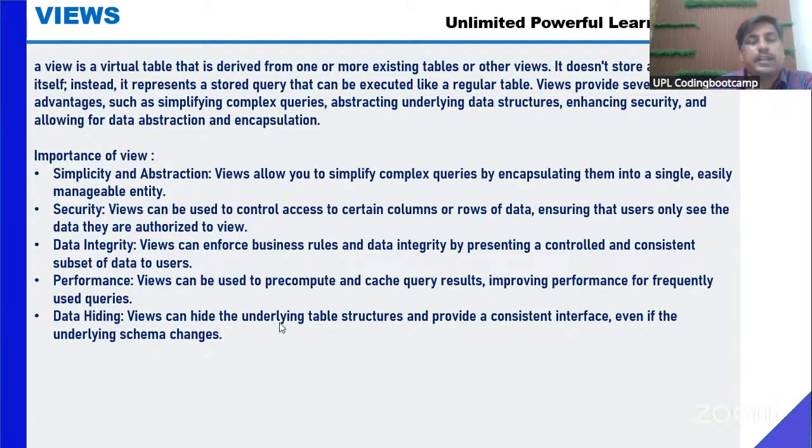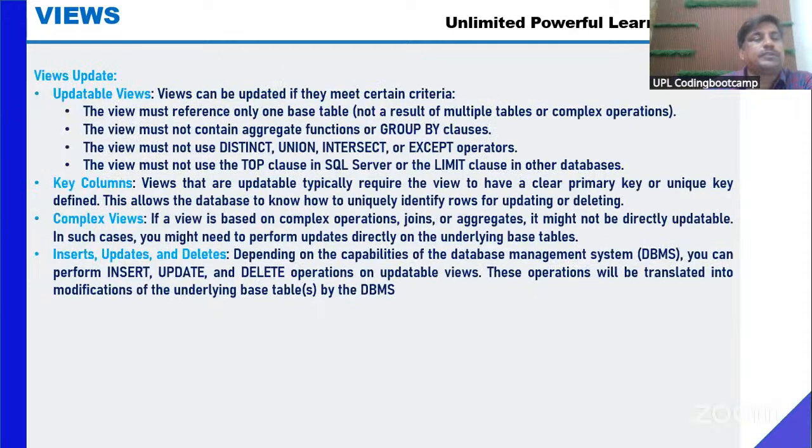Views can also hide the table structure and provide a consistent interface even when the underlying schema changes. That's why views are the most powerful technique to derive data from more than one table, and why this is called a virtual table. If you want to perform certain operations on views, it depends upon certain conditions.